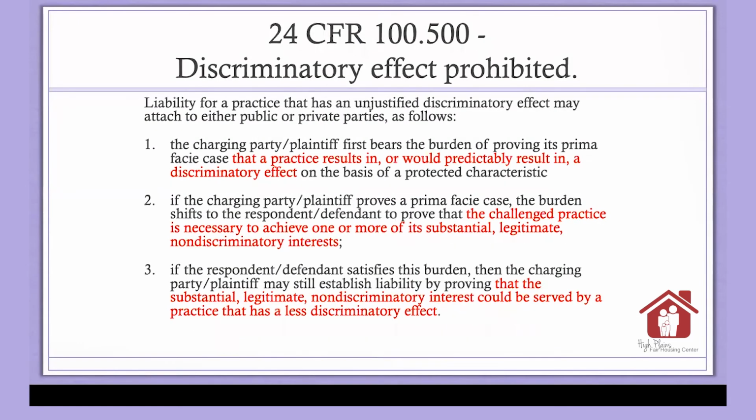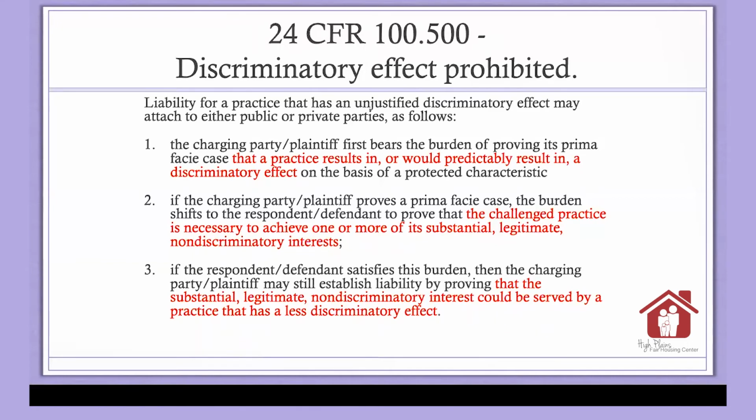And here, it's a good time to look at what the regulations tell us. In 24 Code of Federal Regulations 100.500, there is a definition of how to understand this liability for discriminatory effect. And there's a lot of really important and helpful information around this same area of the Code of Federal Regulations about housing discrimination.